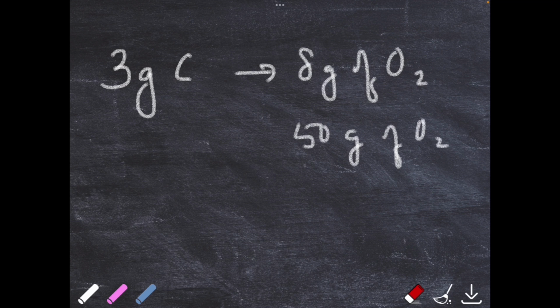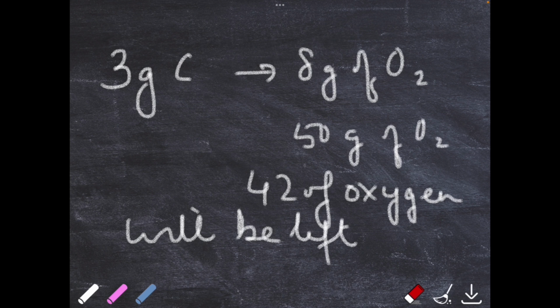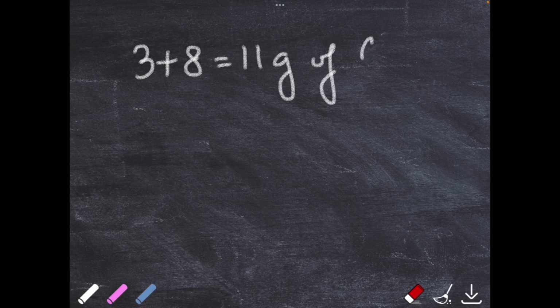So out of 50, 42 grams of oxygen will be left behind, and 3 plus 8, that is 11 grams of carbon dioxide will be produced.